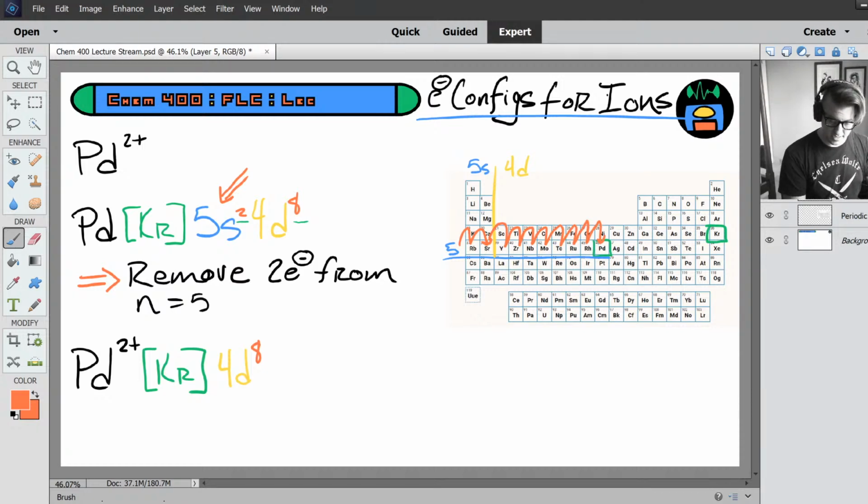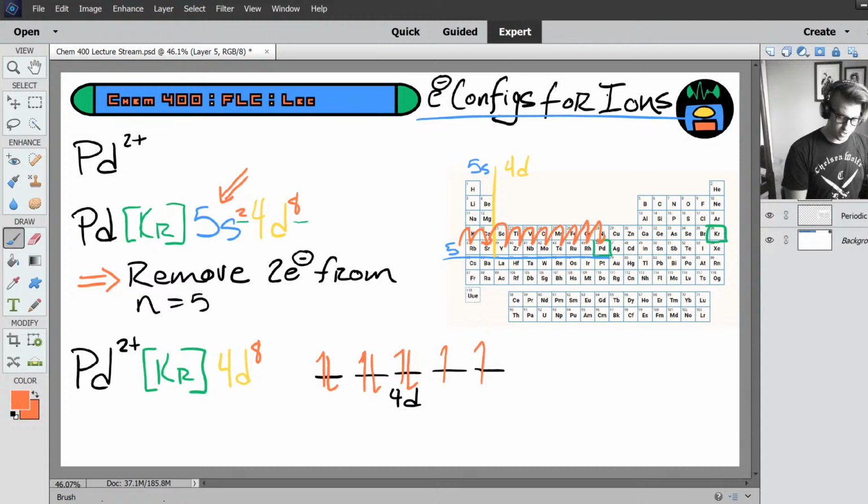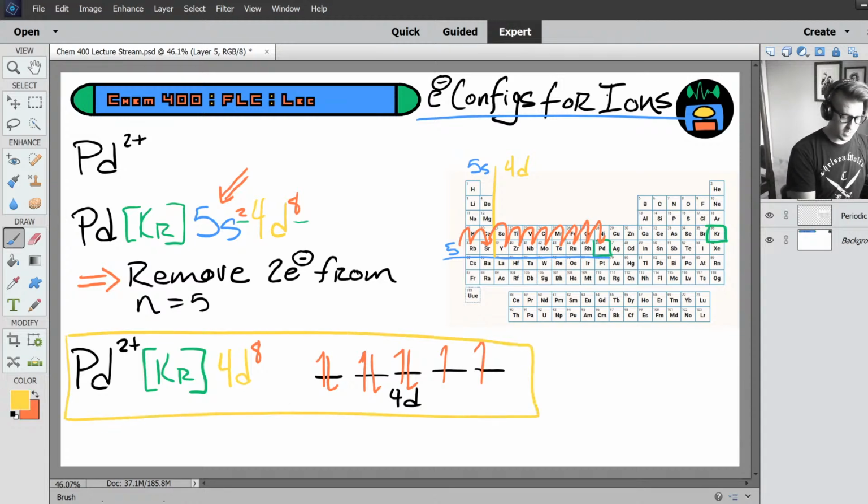So that will be the electron configuration, and the orbital diagram will only have 8 electrons in the 4d subshell. Alright, so this is the electron configuration and orbital diagram for palladium.